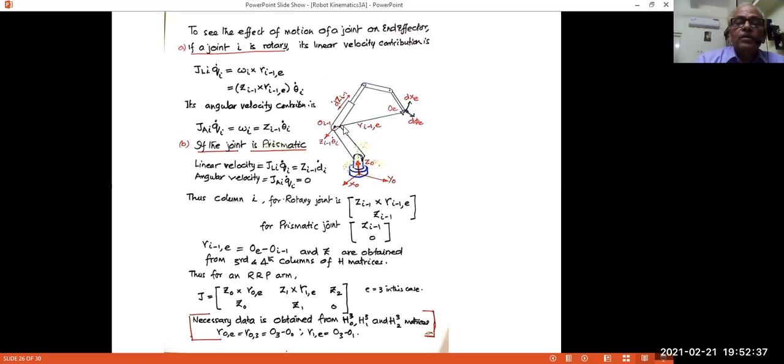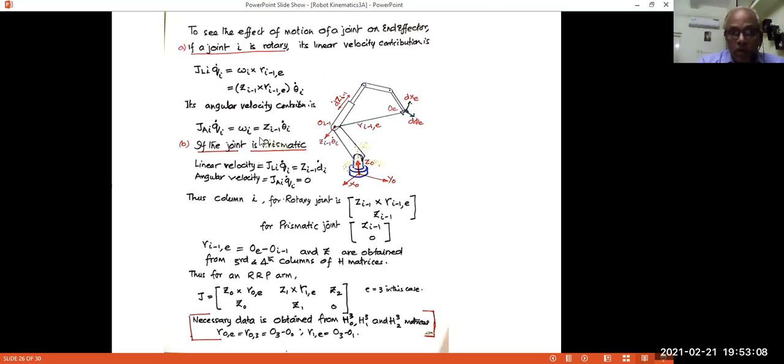That vector r_(i-1), multiplied by the angular velocity, is going to give you the linear velocity component at this point due to this joint motion. That omega_i will be about the axis z_(i-1), so z_(i-1) cross r_(i-1) times theta i dot, where omega_i is z_(i-1) times theta i dot. I'll take out theta i dot. This is how we write this.